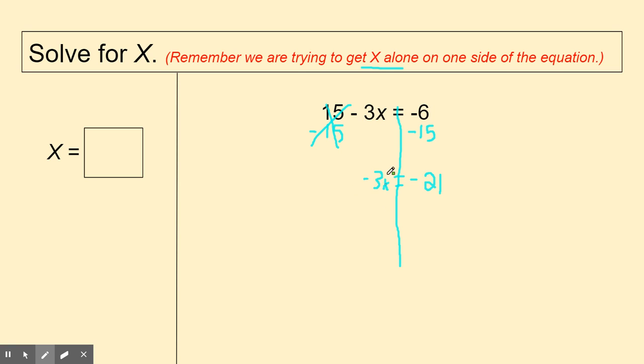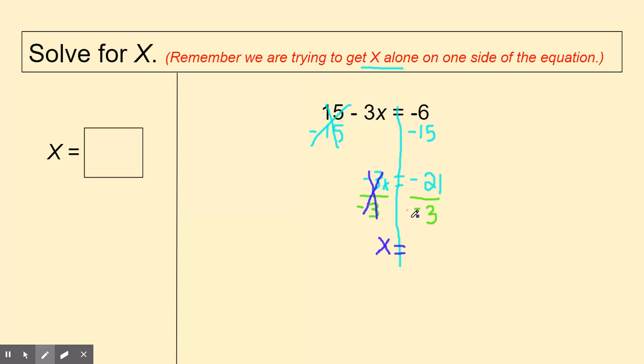Negative 3 times x, the opposite of that would be to divide by negative 3. So we're going to divide both sides of the equation by -3. Those cancel each other out. Then we're left with just x equals -21 divided by -3.